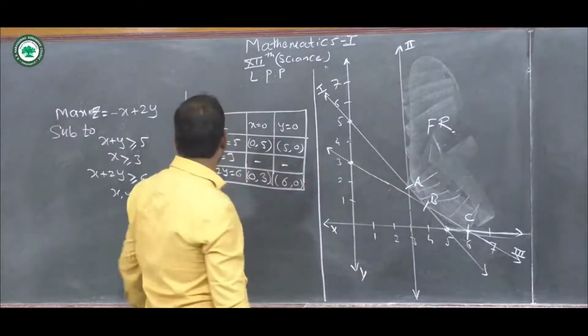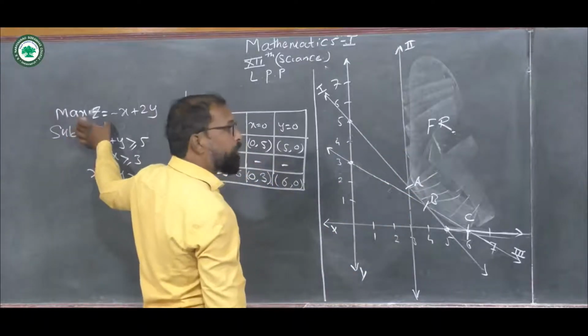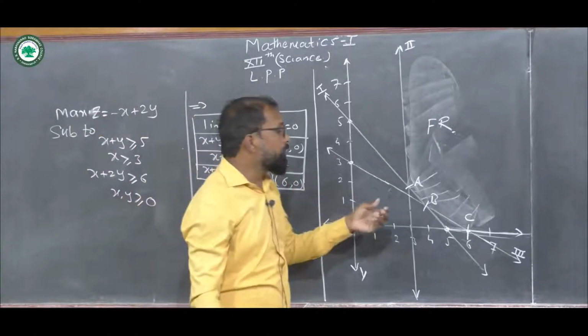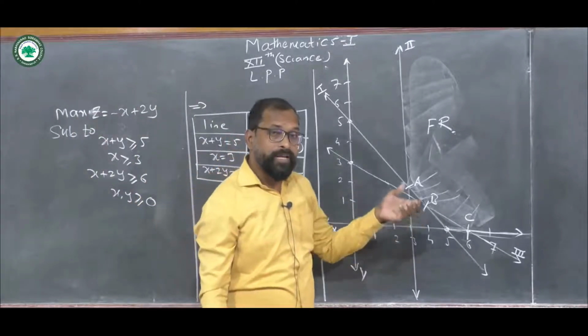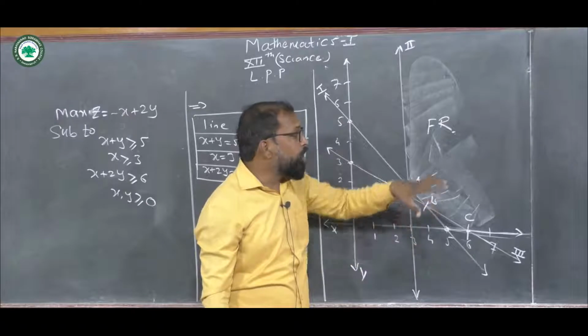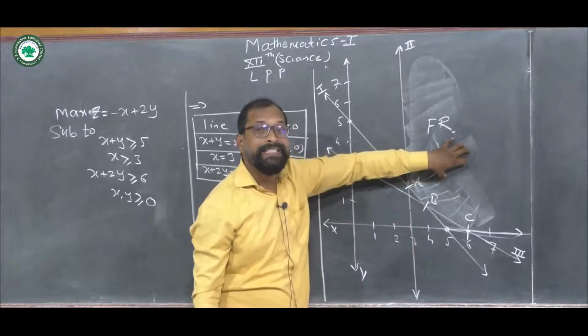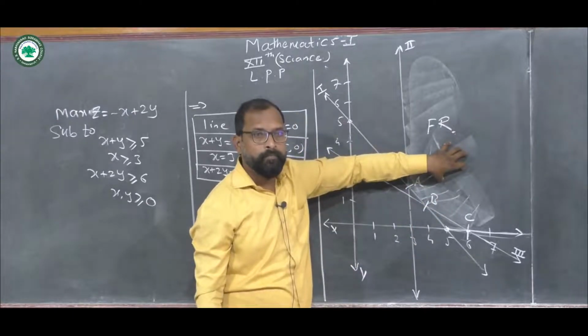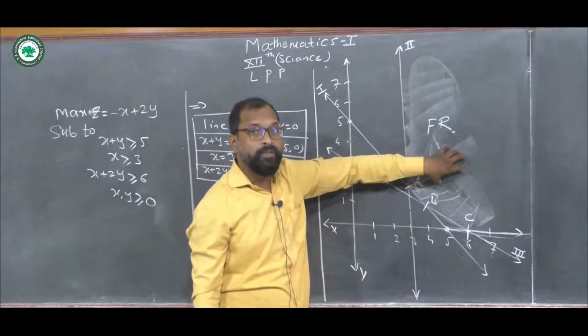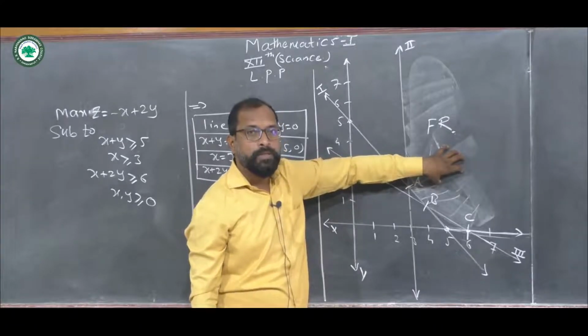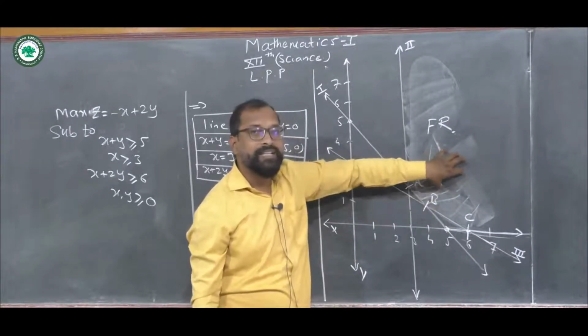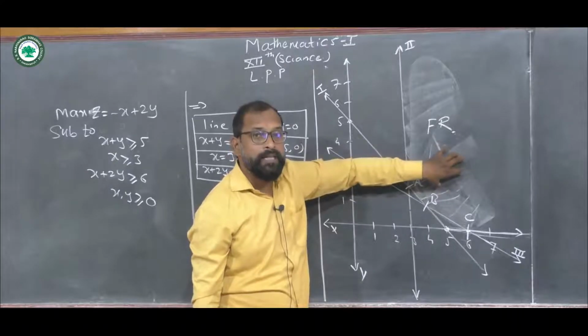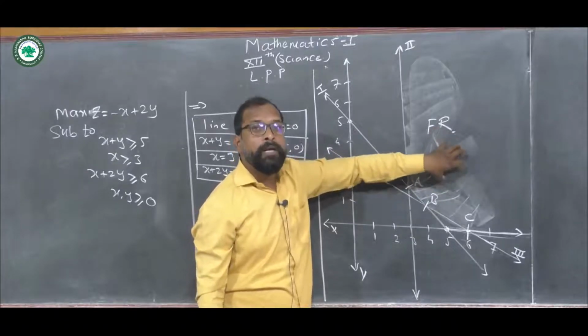So we get the maximum value at that point. In other words, we cannot find the maximum value for the given objective function. So in this case, we say that this LPP has an unbounded solution.